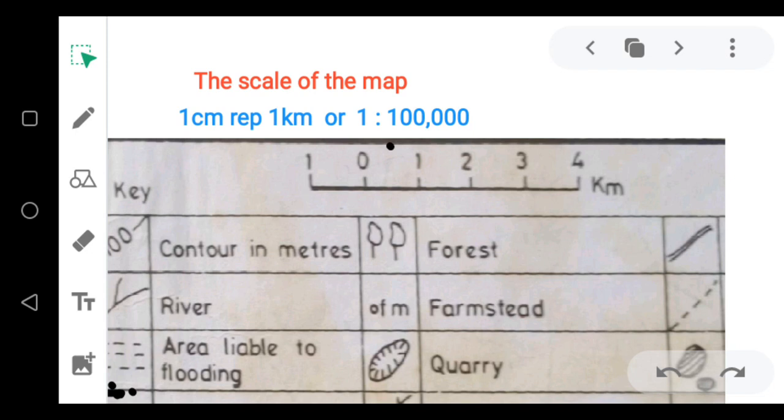Anything you get is to your kilometer. This one, I measured it, is 1 centimeter representing 1 kilometer. So the scale of the map is 1 centimeter represents 1 kilometer. Every 1 centimeter you measure on this map represents 1 kilometer when you go to the Boruka. In RF, it is 1 to 100,000. So that is that about the scale.